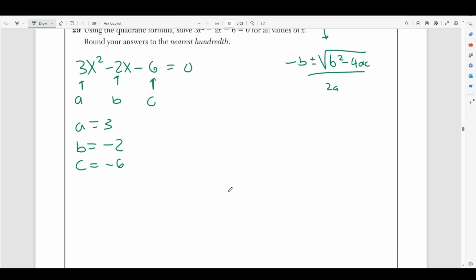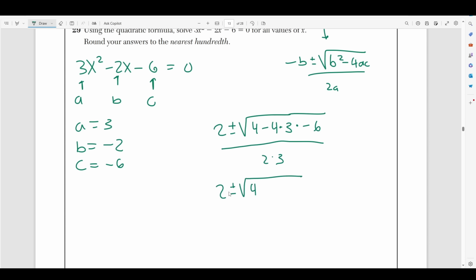Right? So now all you have to do is plug this into your equation. So negative B, so negative 2, is positive 2. So you get positive 2 plus minus radical negative 2 squared, which is 4, right? Minus 4 times A, which is 3, and C, which is negative 6, divided by 2A, so 2 times 3. Cool. So that's 2 plus minus radical 4 minus.